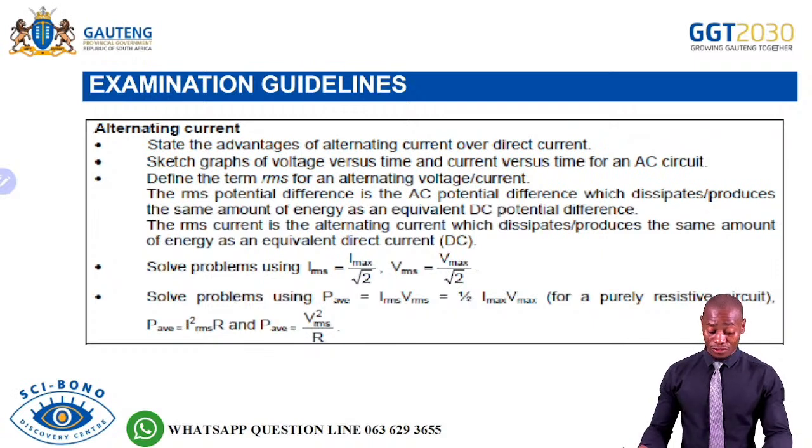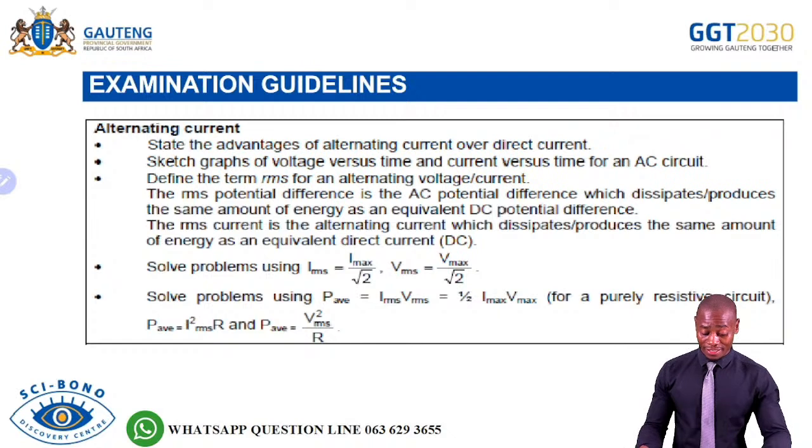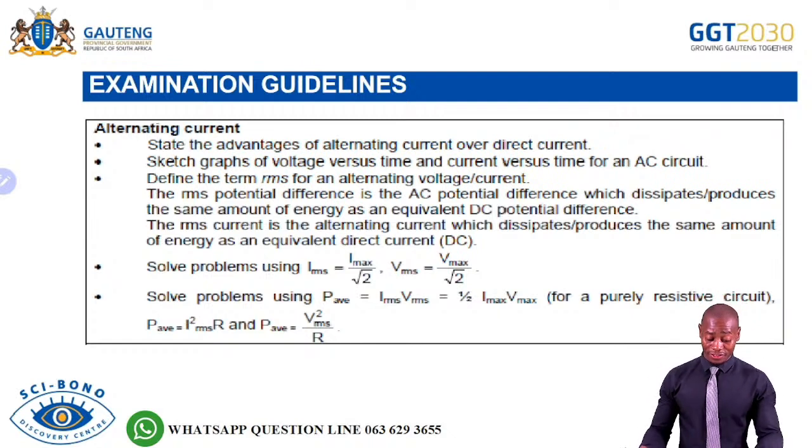Another thing you need to know is under alternating current. State the advantages of alternating current over direct current. Sketch graphs of voltage versus time and current versus time for an AC circuit. Define the term root mean square of an alternating voltage or current. This is very important, learners.